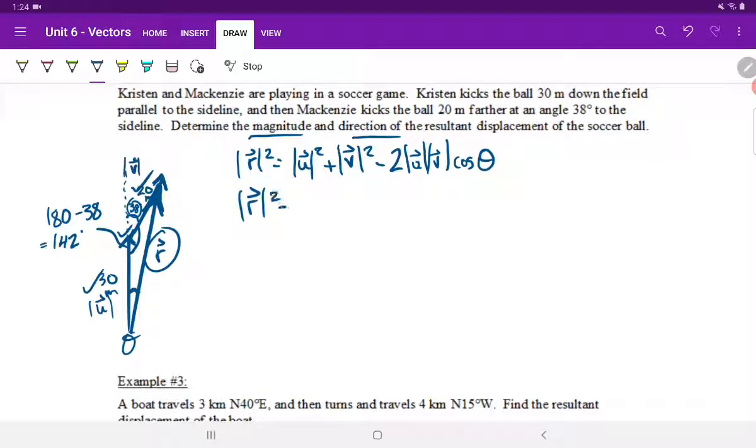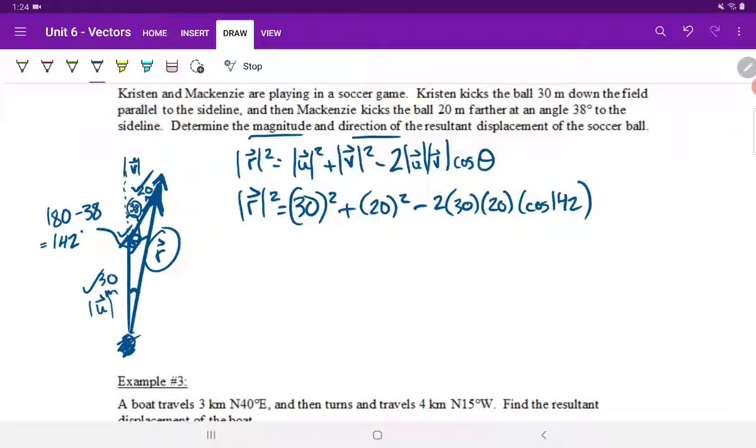Sub everything in, and let's figure this out. Sorry about that. I'm not sure why this would be called theta in here, not this. We're going to find that later. Okay, so cos of 142. I expect that to be negative, being in quadrant 2, that 142 degree angle.